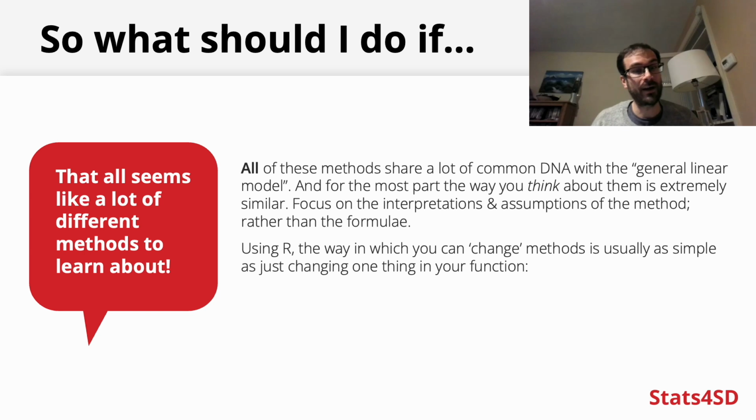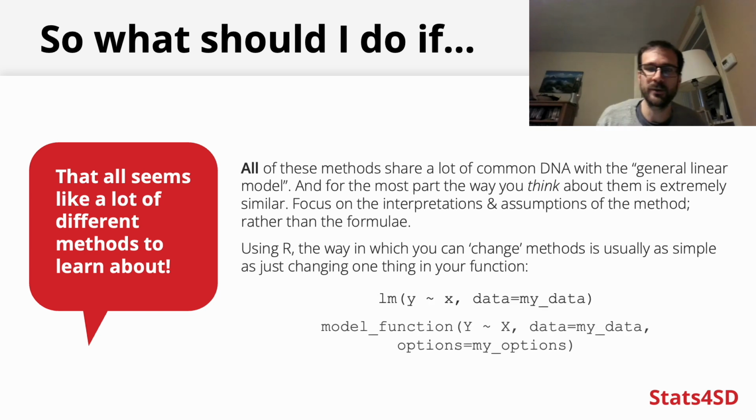And this is where, if we are using a statistical software tool like R, that really encourages that way of thinking. Because the way in which we change between all of the different methods that we've covered here is a way which really emphasizes that common DNA. The function looks almost identical for all of those different methodologies, except you change the name of the function, you might add in a few options.